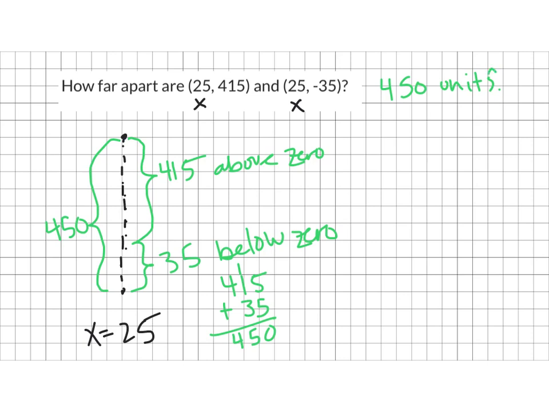Now, hopefully some of you have noticed that this only works if we're dealing with points that are not in the same quadrant, right? So I can sort of draw in where my axes would be here.